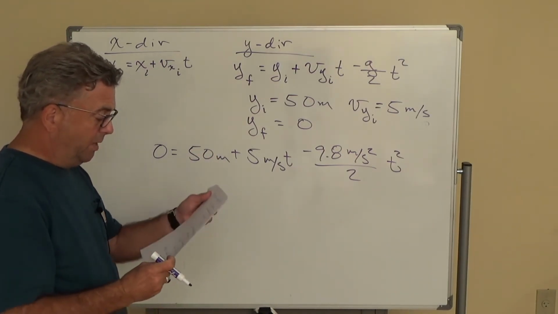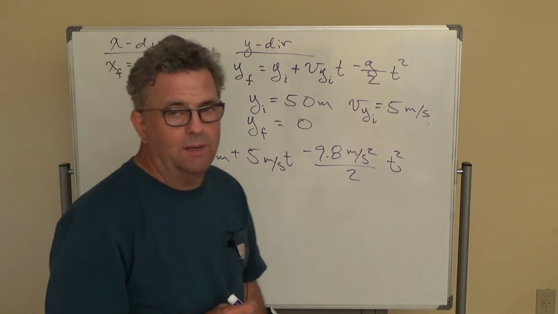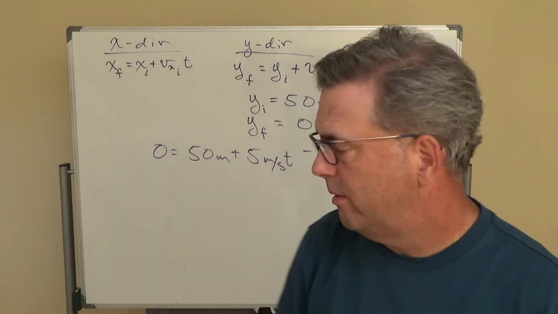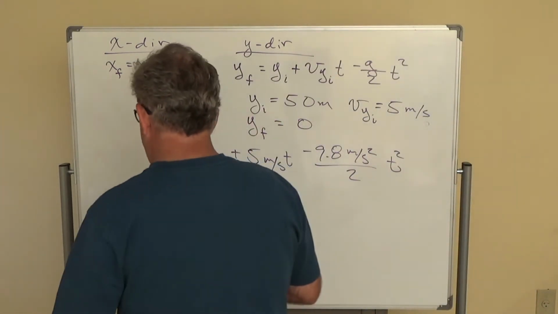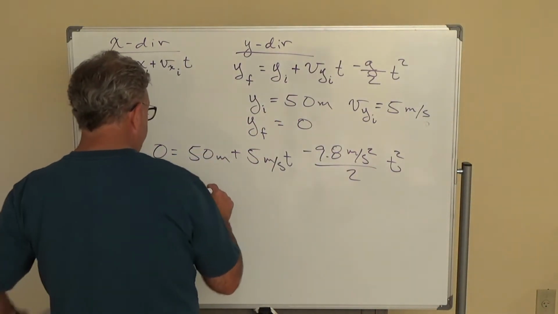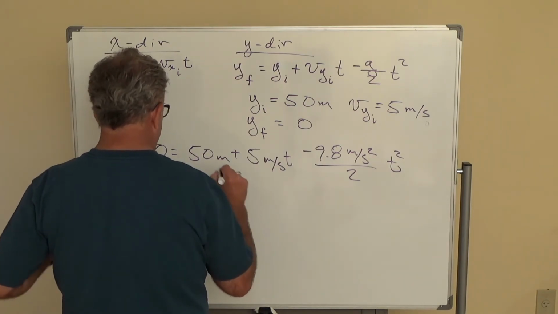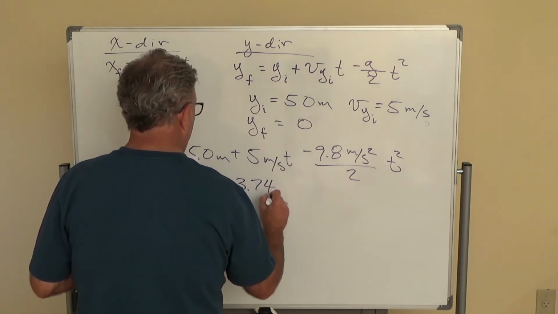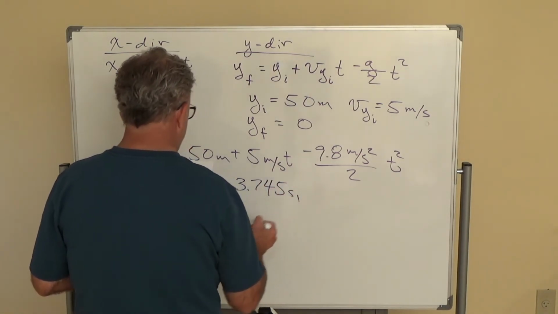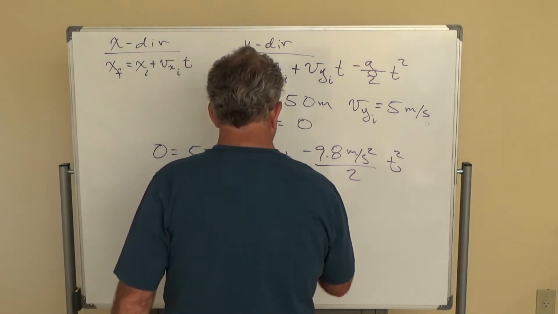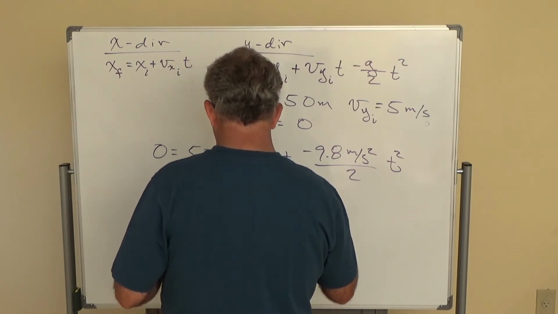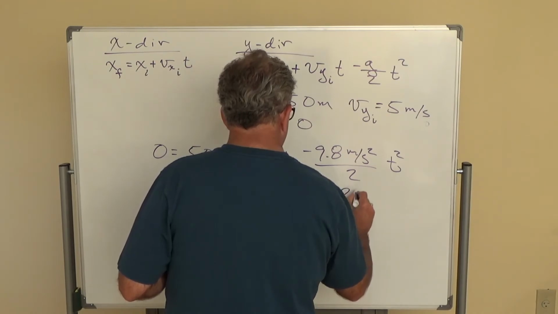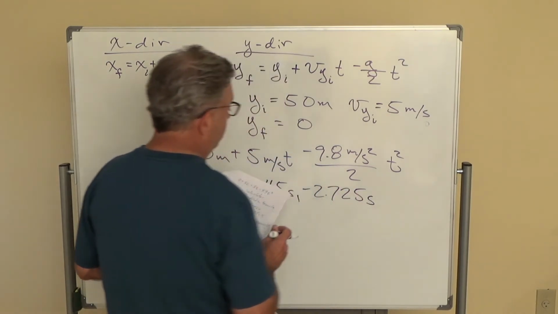You can do it with your calculator, or you can do it with the quadratic formula. You can check me on this. The answers that I got are t is equal to 3.745 seconds, and t is equal to negative 2.725 seconds.